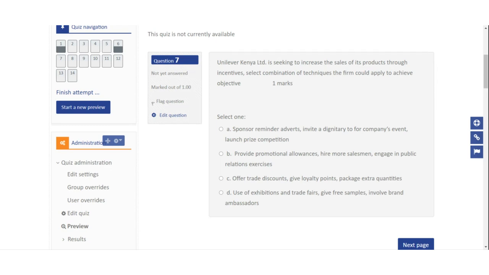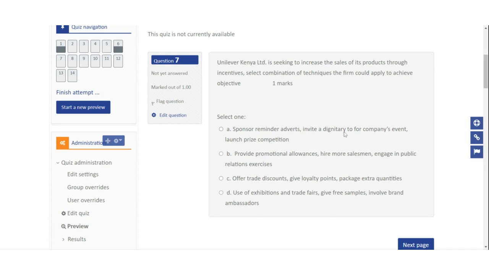So anything that does not relate to sales incentives or sales promotion is wrong. When you talk of sponsored reminder adverts, this is mostly advertising, so the first one is wrong.